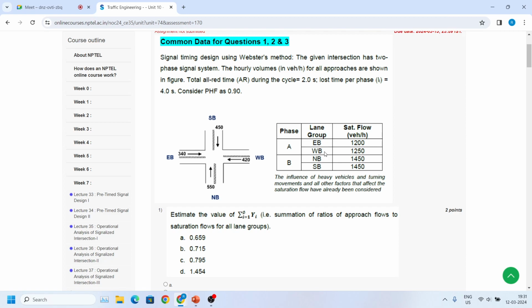Yeah, so what I understood is you have to adjust these hourly volumes in terms of PHF. So you have to divide it by 0.9 and get these adjusted values, and those will be your QIJs, and accordingly you have to use this SJ and whatever you have.